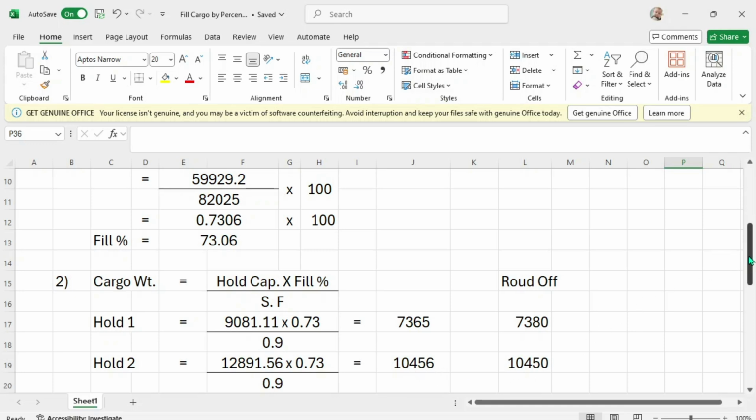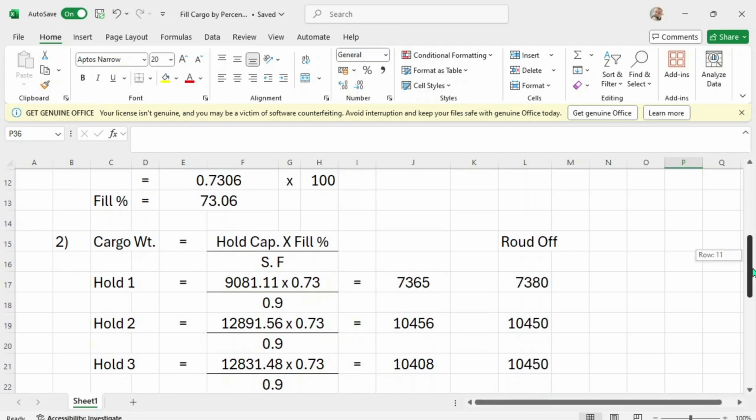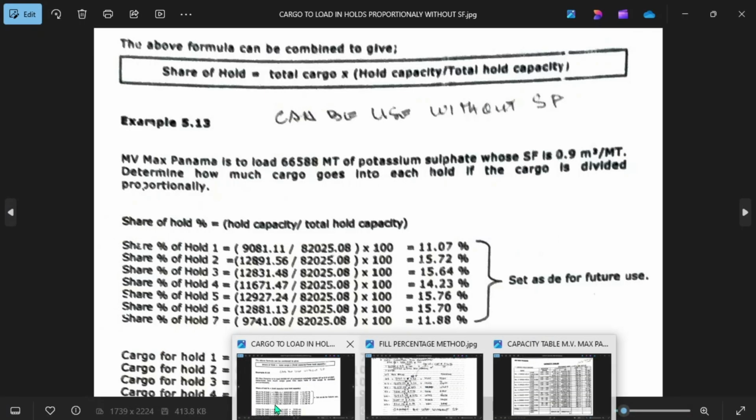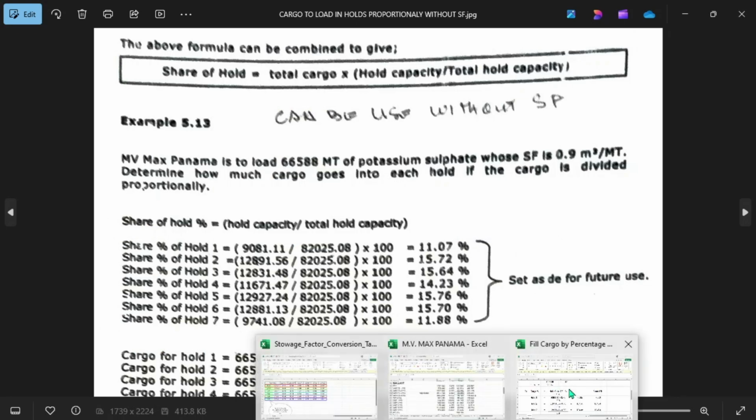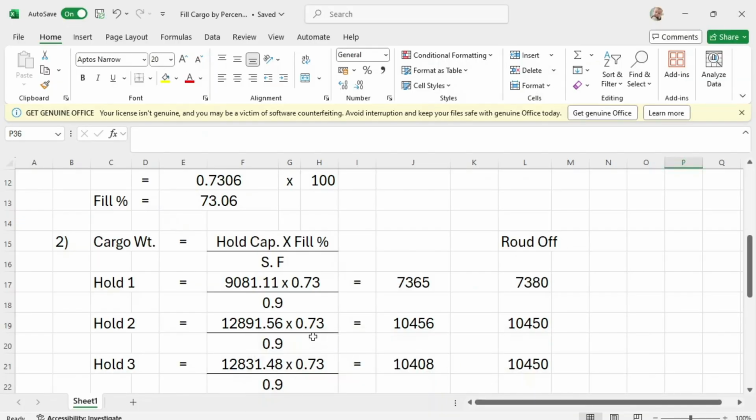Then in hold number 3, hold capacity is 12831.48 times your fill percentage over your stowage factor, then number 3 will be 10408.